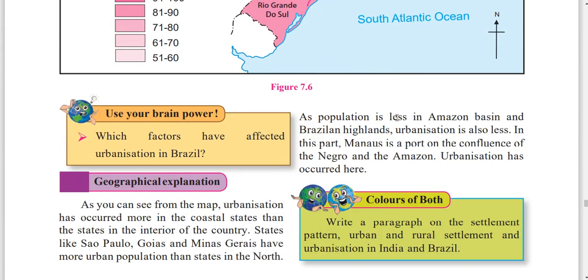As population is less in the Amazon basin and Brazilian highlands, urbanization is also less. In this part, Manaus is a port on the confluence of the Negro and the Amazon. Urbanization has occurred here.